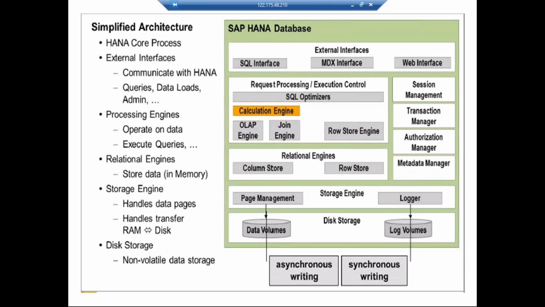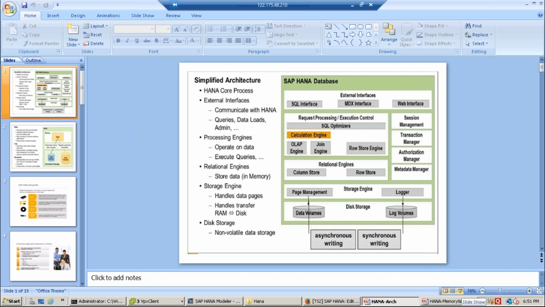At that time you'll understand that what you are seeing is the architecture of one single service, the main service, and only that service's architecture is named the simplified architecture. All other services are just small activities, nothing much, but this is the major one. That's why it is generally considered the HANA database architecture.